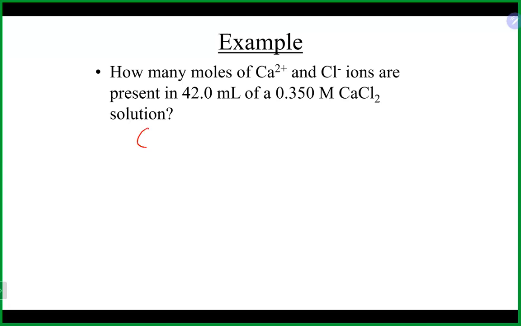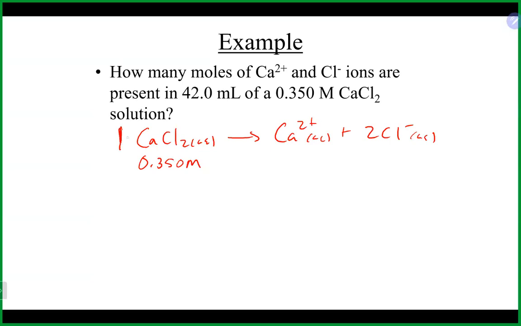When we have a calcium chloride solution, which would be aqueous, we will have a calcium ion and 2 chloride ions. Just like we did in the last problem, we know the whole concentration of the calcium chloride is 0.35 molar.